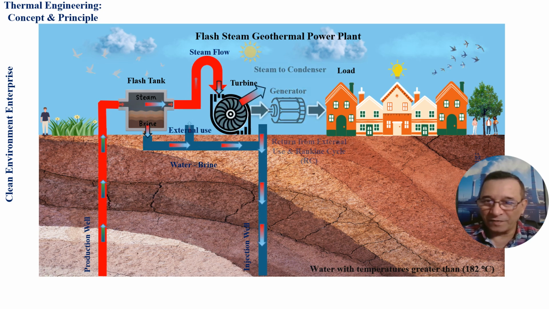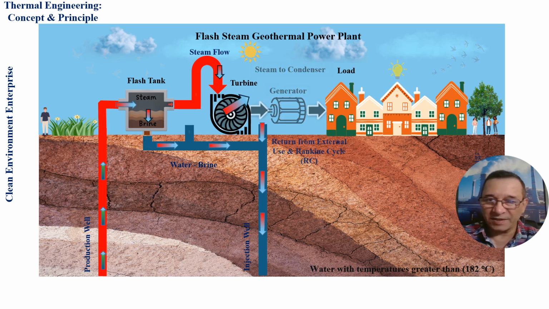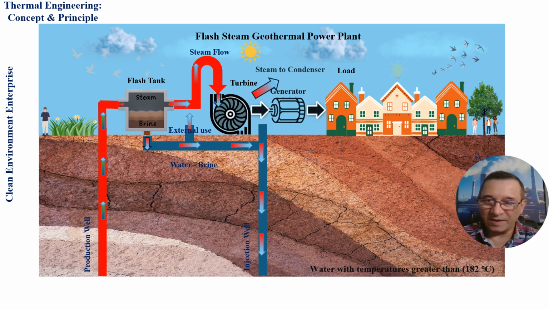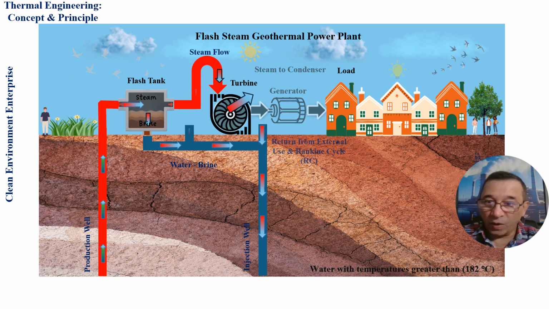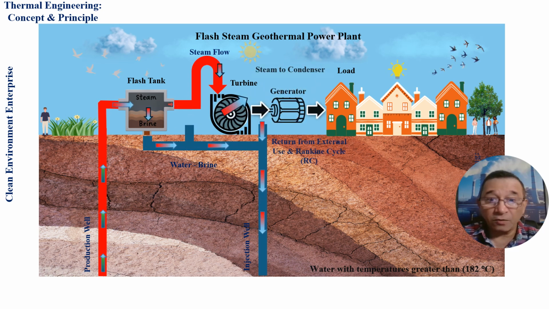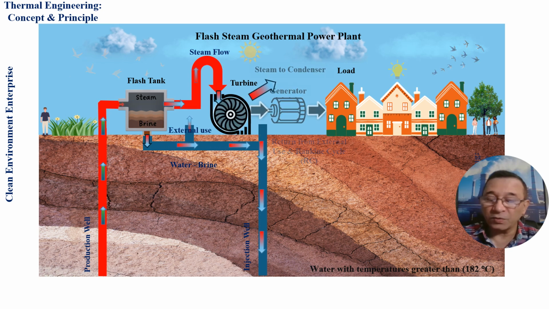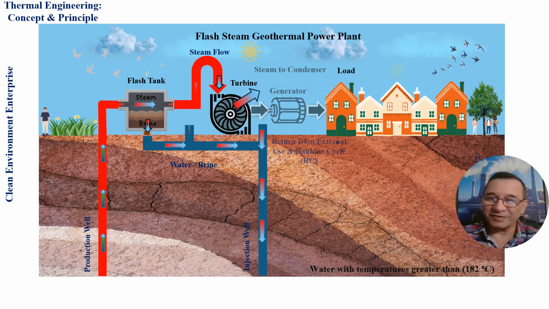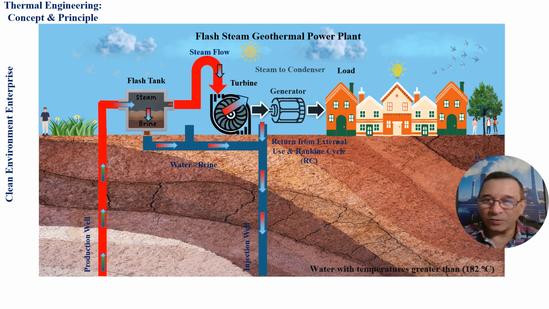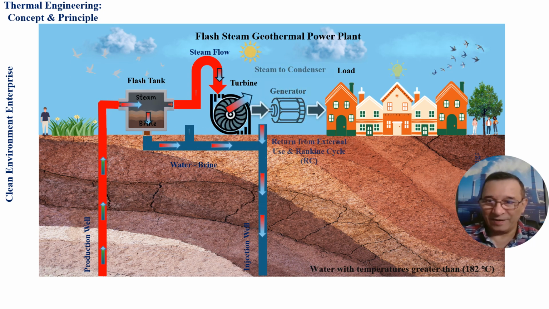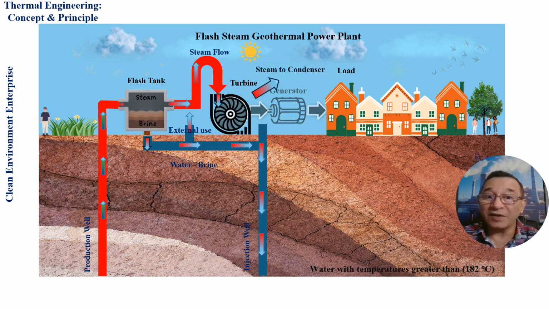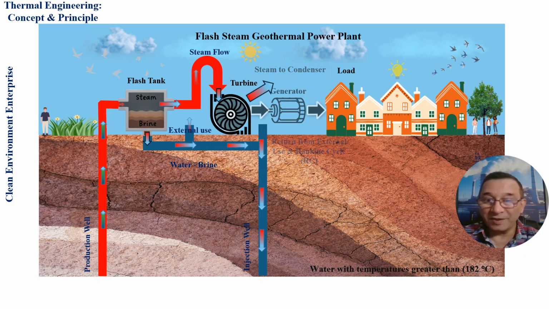As the name of this power plant type is flash steam, that means we have hot water at quite a high temperature, greater than 182 Celsius, and some experts and literature talk about a temperature around 190 Celsius to produce electricity and for the plant to be efficient enough.